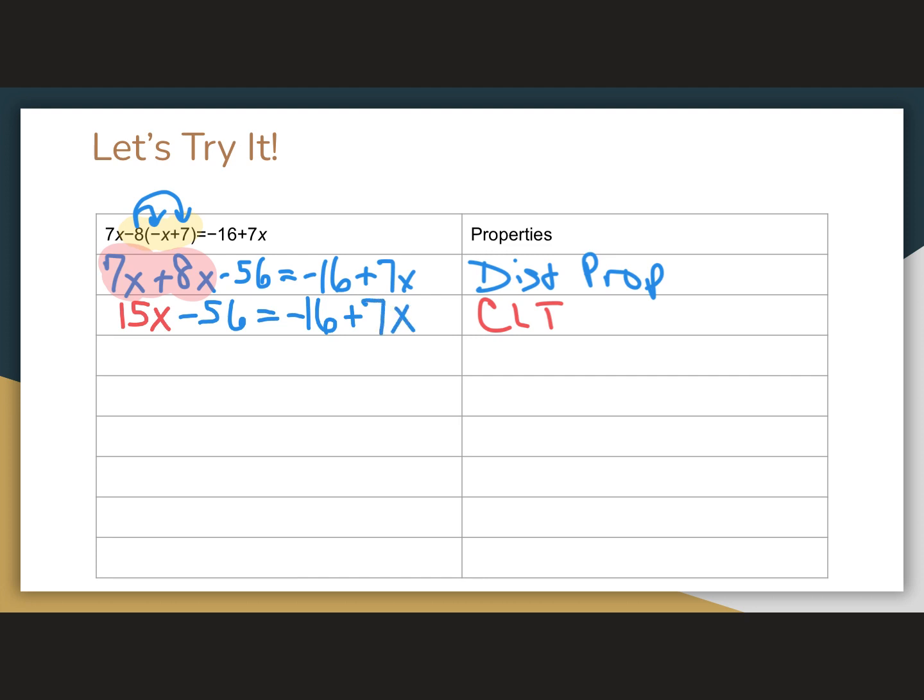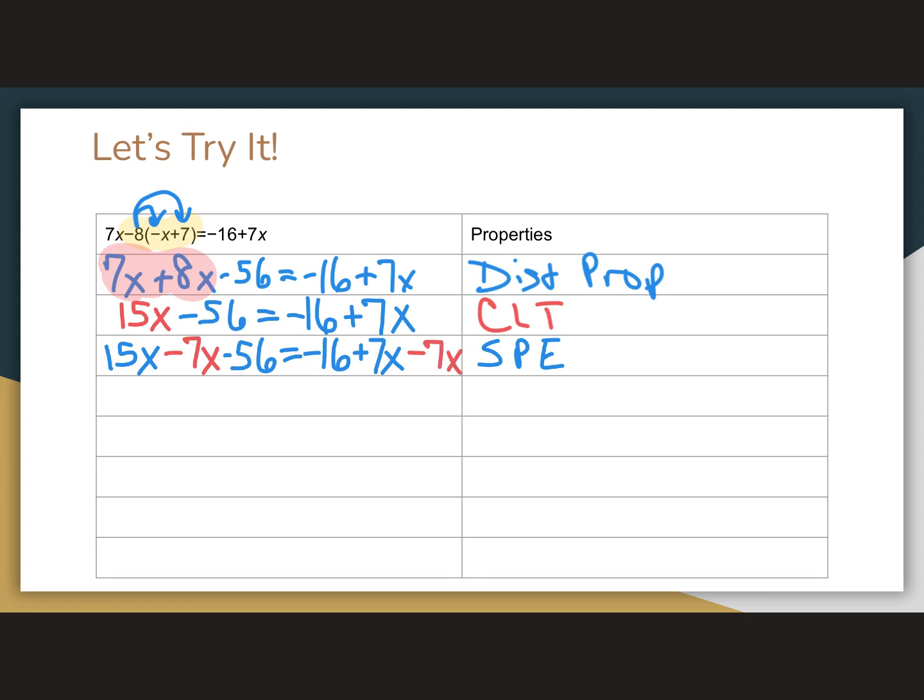My next step, remember I'm trying to get all of my constants on one side and all of my variables on the other, is I'm going to subtract. I'm going to end up subtracting 7x from both sides. So I have 15x minus 7x minus 56 equals negative 16 plus 7x minus 7x.